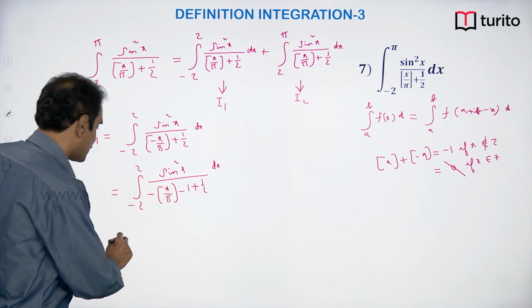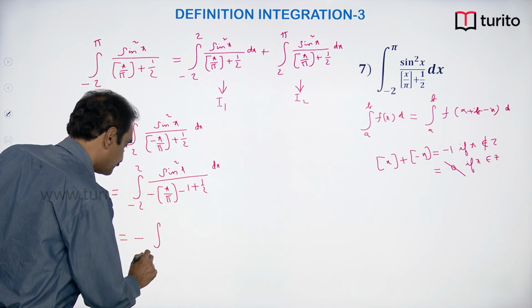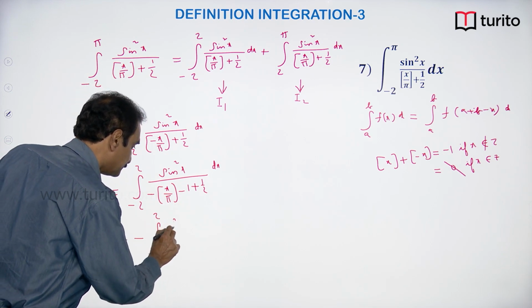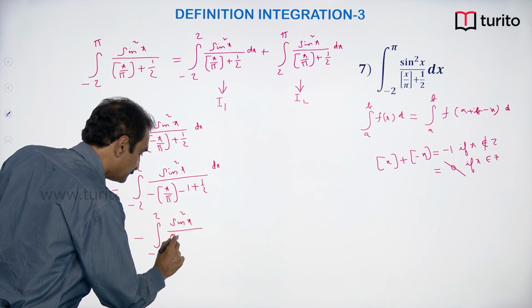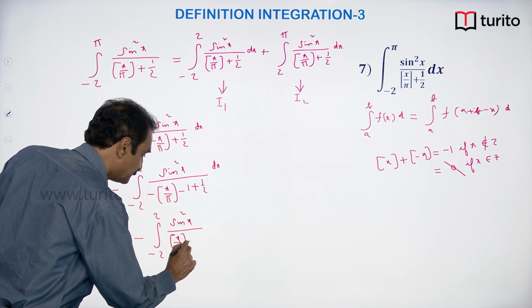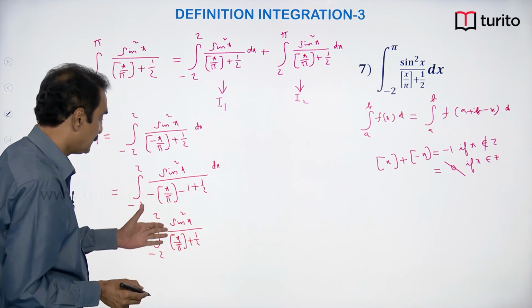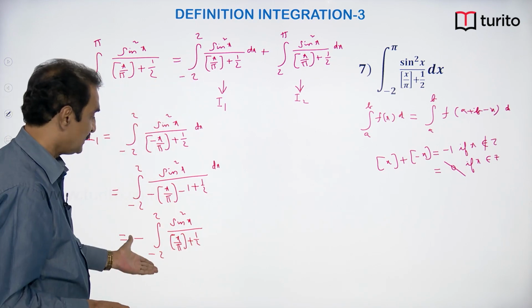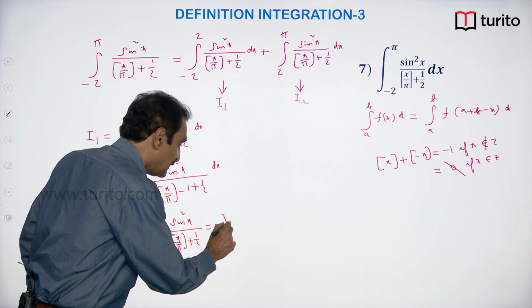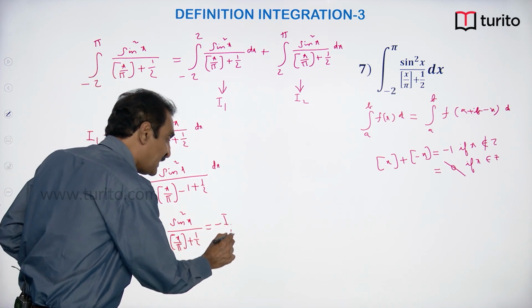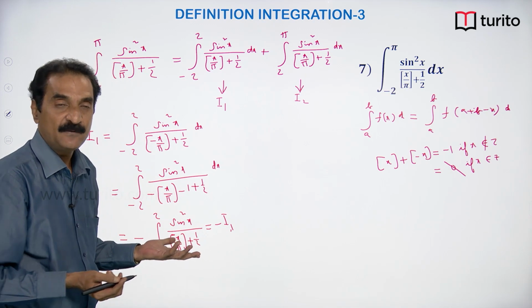If you take out minus sign, what is this? This is I1, so this is minus I1. If I1 is equal to minus I1, then what is the value of I1? 0.